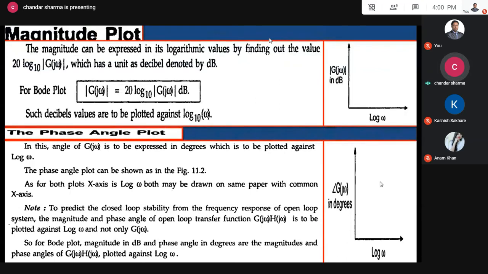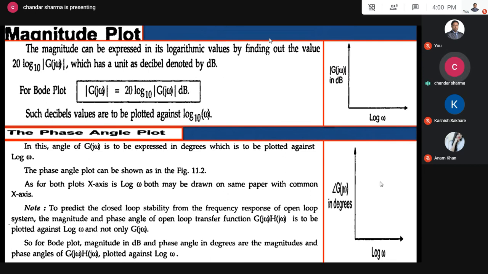The advantage of Bode plot is the product factors in the expression of G j omega become additive. Since logarithms are used, we know when there is log, we have to add. Bode plot can be quickly constructed because any given function can be represented approximately by straight line asymptotes.